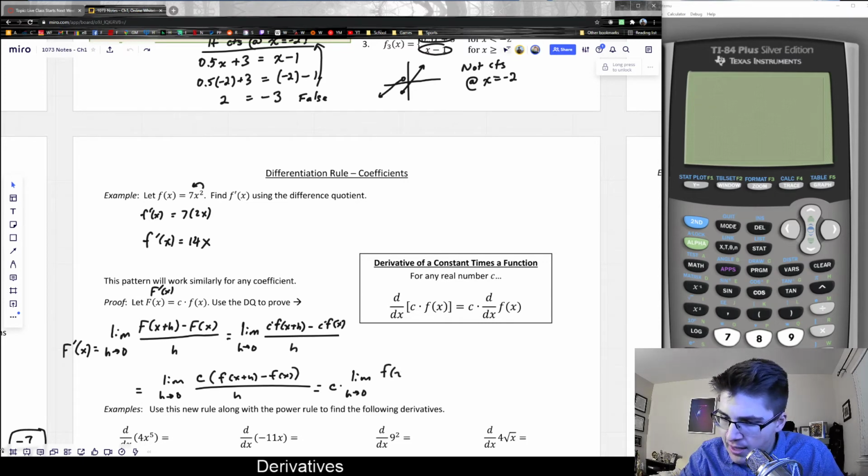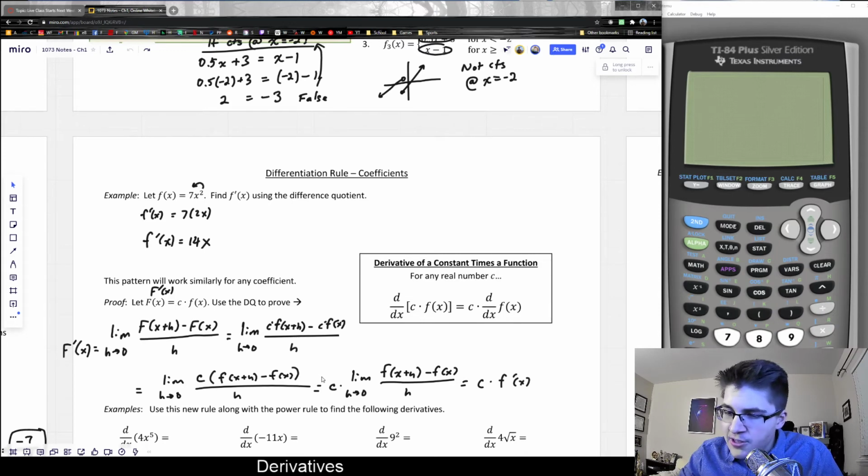This would leave me with f of x plus h minus f of x. The rest of this I cannot pull through the limit because all of it involves h, but I could pull that c through because it did not have to do with h. And what you'll notice is that this is just the difference quotient of the function little f of x, which by definition is just f prime of x.